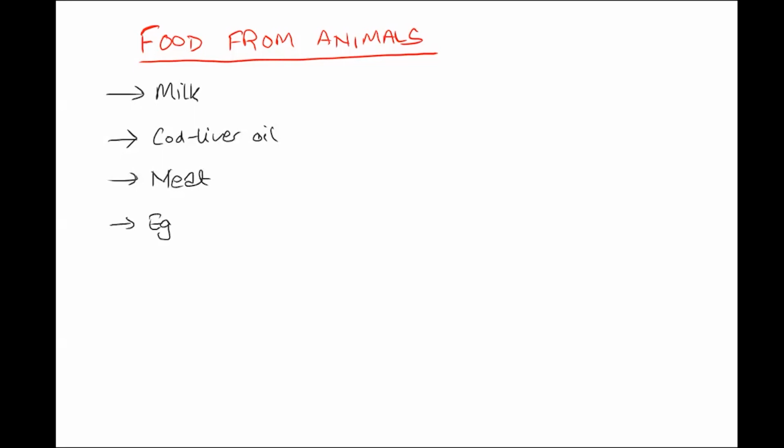Yes. Honey, yes, we can say that too, honey from honeybees. Yeah. And anything else? No, sir. Okay. So you see that there are various things that we get from animals.